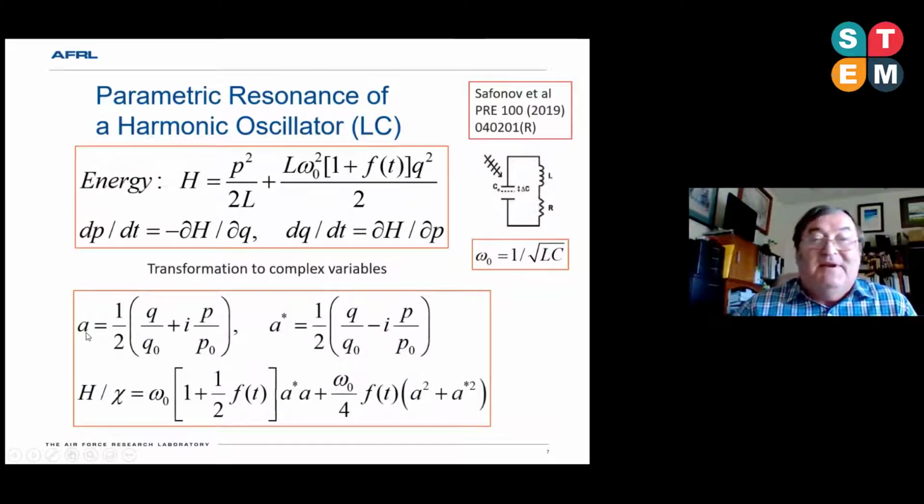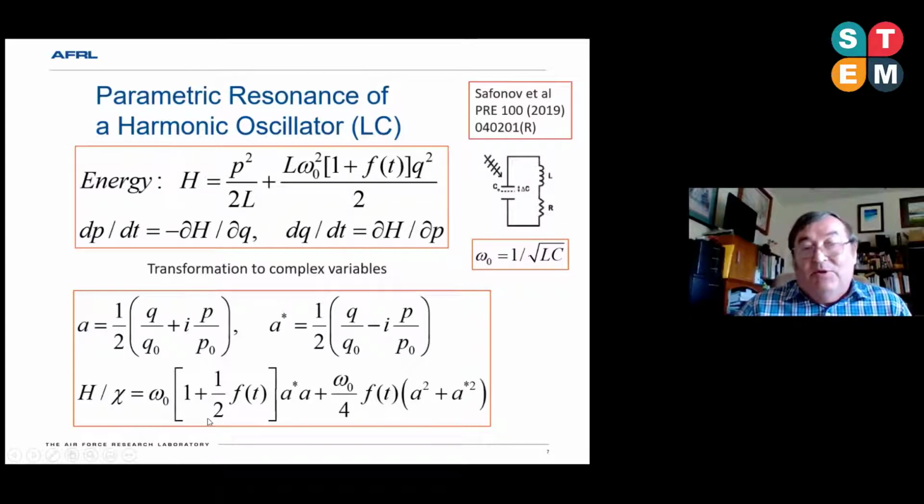This is a very similar procedure to quantum mechanics. The Hamiltonian is transformed to creation and annihilation operators. But in our case, these are just complex variables useful to analyze the system.